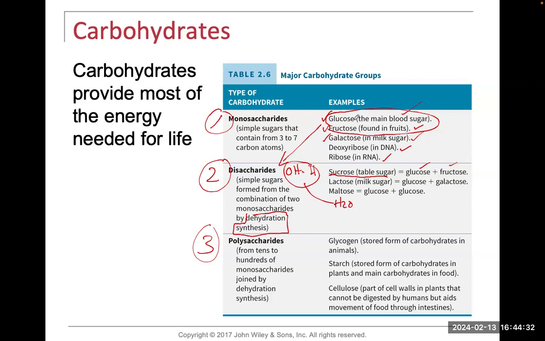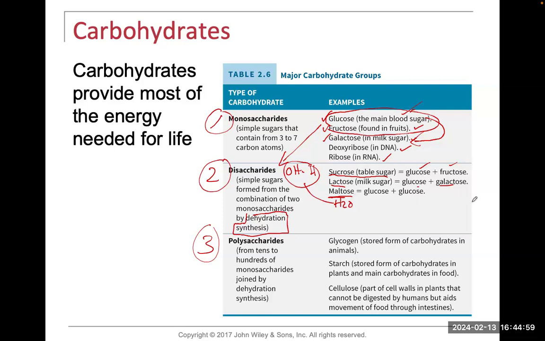If we take glucose and galactose, we get lactose, milk sugar. Now, if we take 2 glucoses and combine them, you get maltose, like a malted beer. Glucose and glucose, that's maltose.